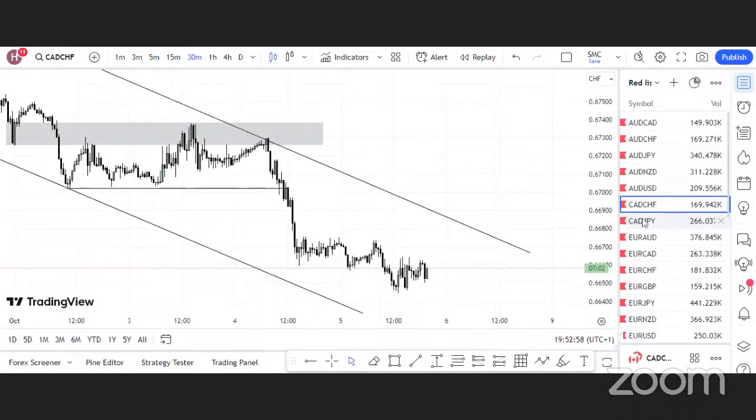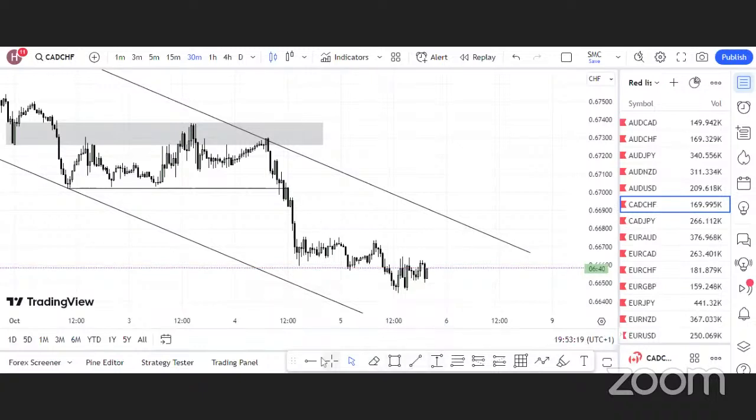So that is the analysis for CADCHF. But right now, there's no opportunity for us here because the market is in the middle of our channel. So we want to see the market either here or here. We want to see the market here for us to sell.